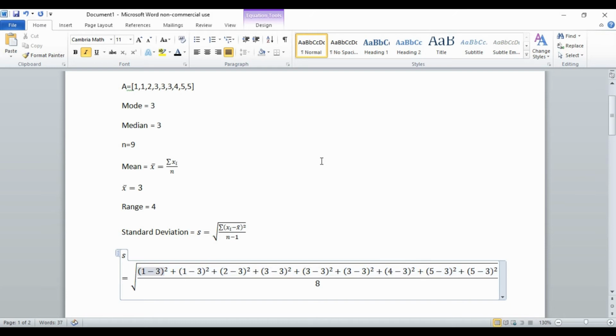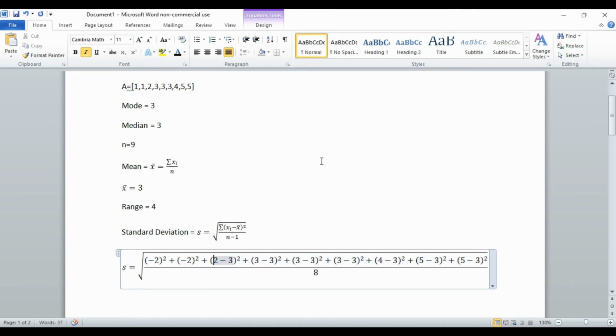Okay, so let me go back to the beginning. 1 minus 3, that's negative 2. 1 minus 3, that is a negative 2. 2 minus 3, that's a negative 1. Now, in reality, when I do these, I actually just take care of everything at the beginning. Like I would do 3 minus 3 is 0, 0 squared is 0, and I would do it that way.